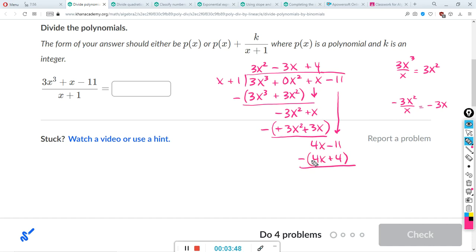Negative 11 minus 4 is negative 15. Okay? That's your remainder. Now, remember from grammar school, your remainder goes over this part right here. Okay? So the last part of the equation is going to be negative 15 over x plus 1.